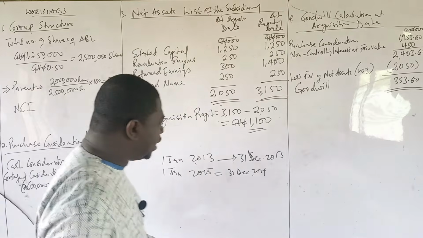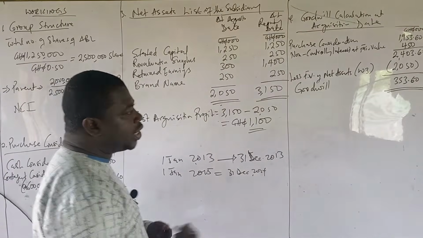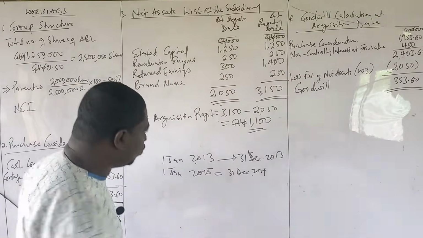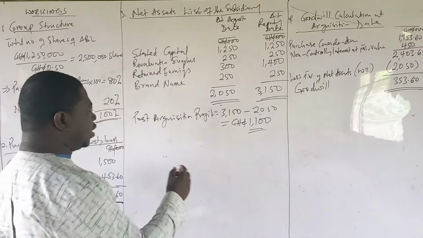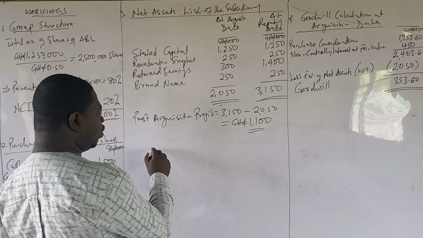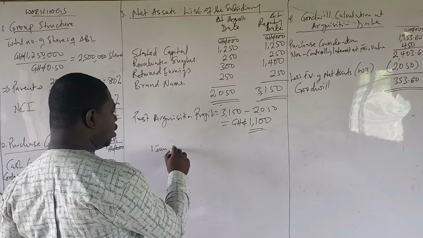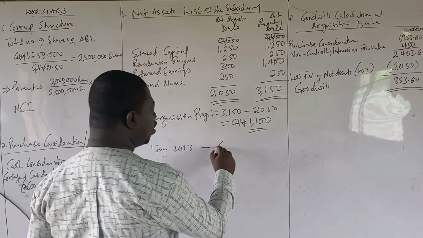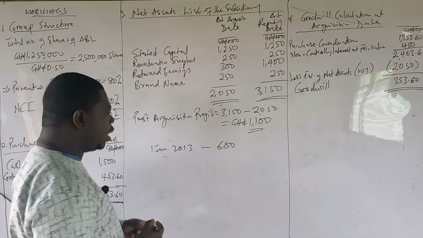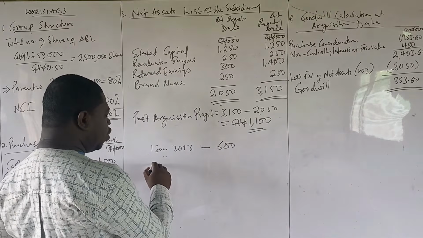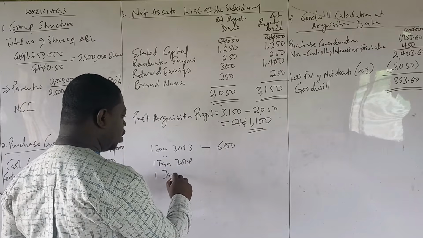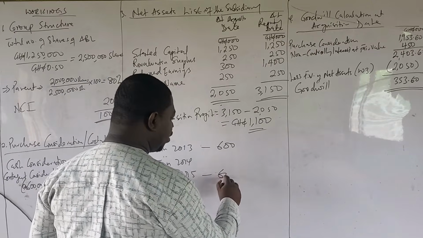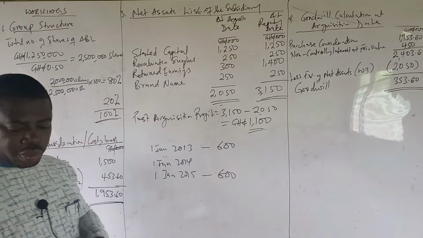What I'm trying to say is that you tell someone that, okay, so 1st January 2013, I promise you I'll give you 600. Now this 600 will be given on 1st January 2015.